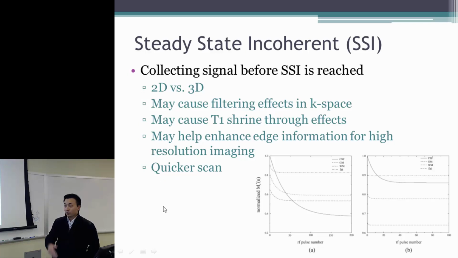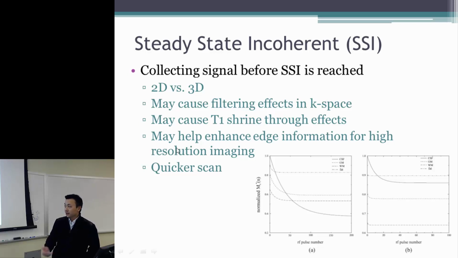So if we want to collect proton density weighted images, this kind of T1 shine-through would actually increase the T1 weighting in that image, so you may get a wrong readout of the proton density.